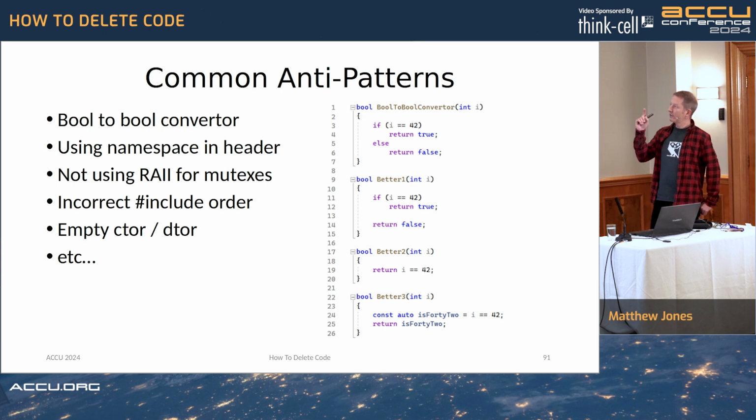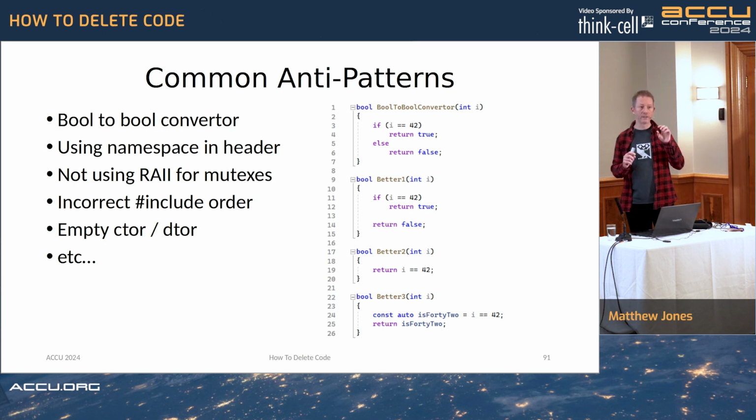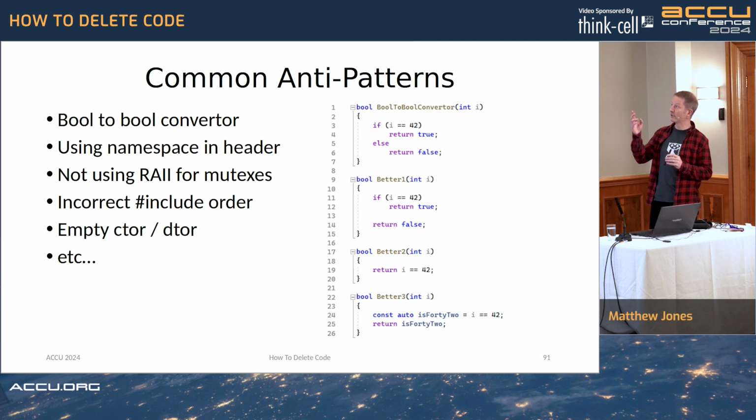To be fair, this sometimes comes around because if the code is old enough, it didn't have the built-in type, it'd be an uppercase BOOL. So you do have to be careful about converting that to a built-in bool. But usually it's just rubbish like this. Obviously i == 42 is a Boolean, so you don't need to convert it to a Boolean again.